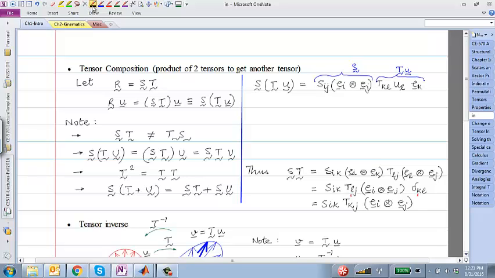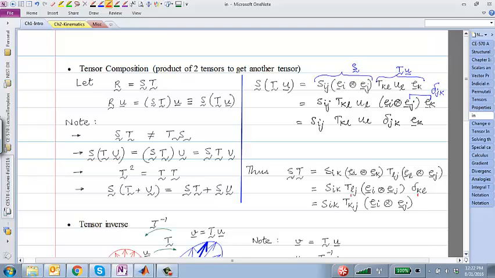So we can write this as S_ij T_KL U_L, E_i dyad E_j acting on E_K. I'm going to take the dot product of these two because that's how a tensor acts on a vector. That gives me delta JK. Write that out. I get S_ij T_KL U_L delta_JK E_i.